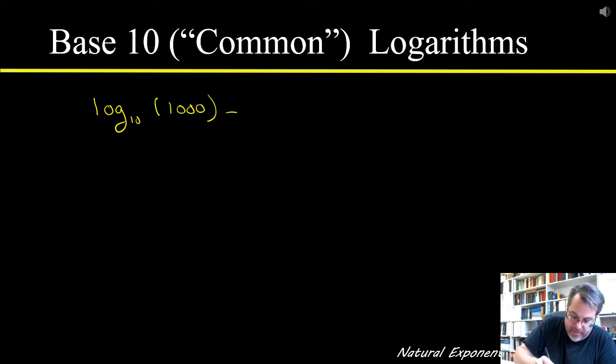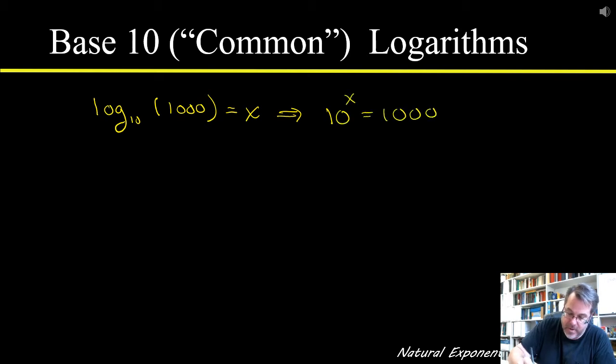Log base 10 of 1,000 equals x, and we would interpret that as saying if we take 10 and raise it to some power x, we get 1,000. What's the value of x? Obviously in this case, x has to be 3 because 10 cubed is 1,000.